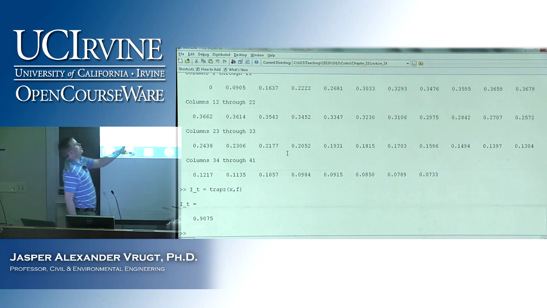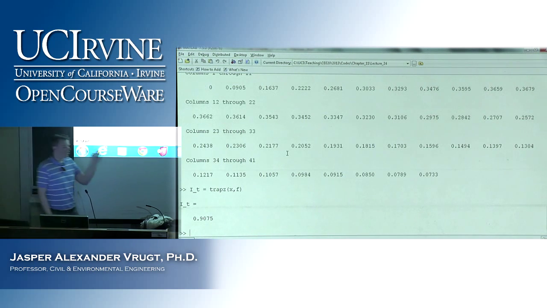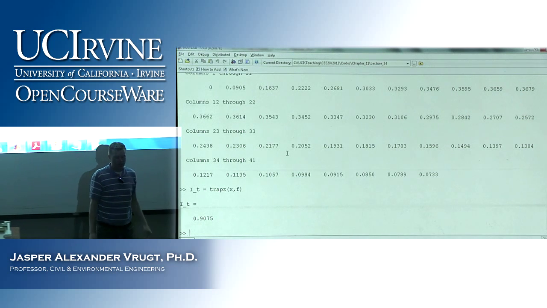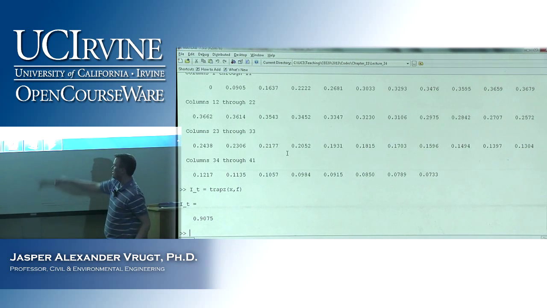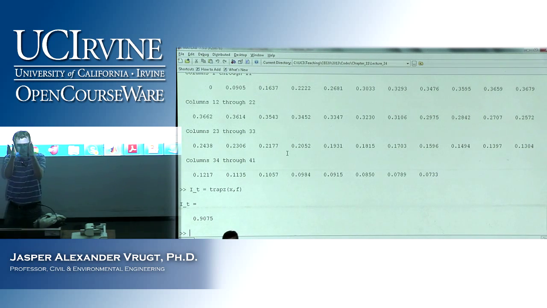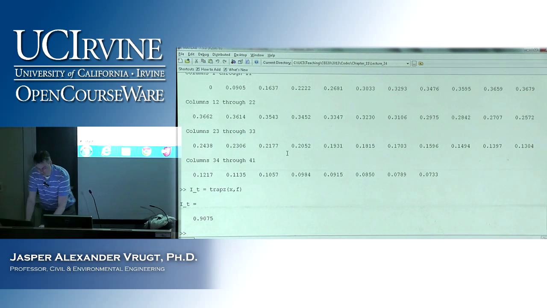So we don't have to write our own script, it's already built in. This is not a composite variant. You can write your own composite variant if you execute this script on each interval of x, if that's what you want to do.